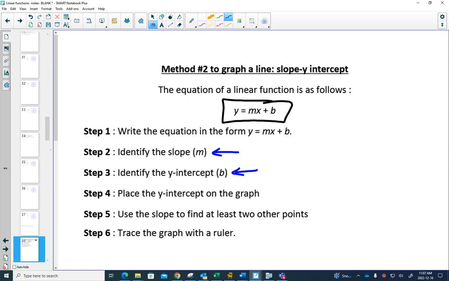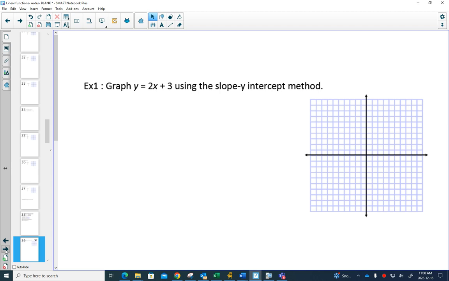How does it look? Once we find our slope and y-intercept, we're going to graph our y-intercept, then we're going to use our slope to find more points. And it looks like this. First of all, y equals 2x plus 3. You would know that your slope is 2, which as a fraction is 2 over 1.